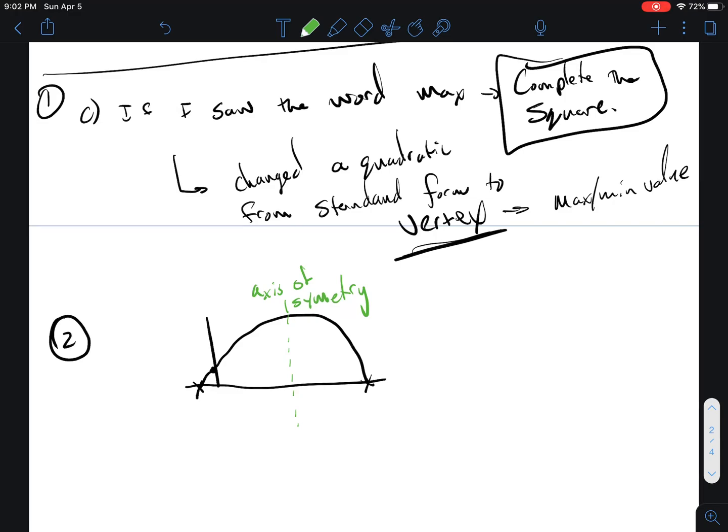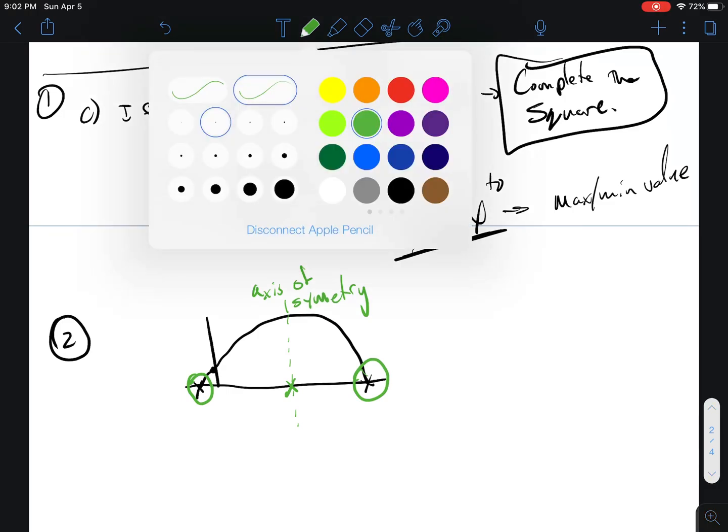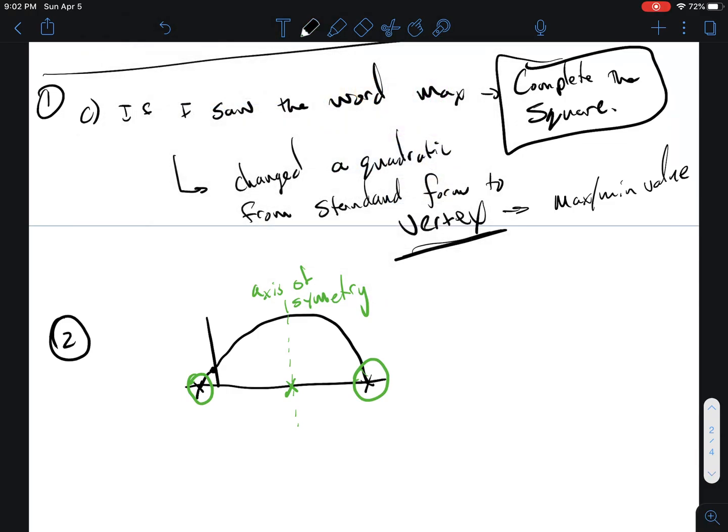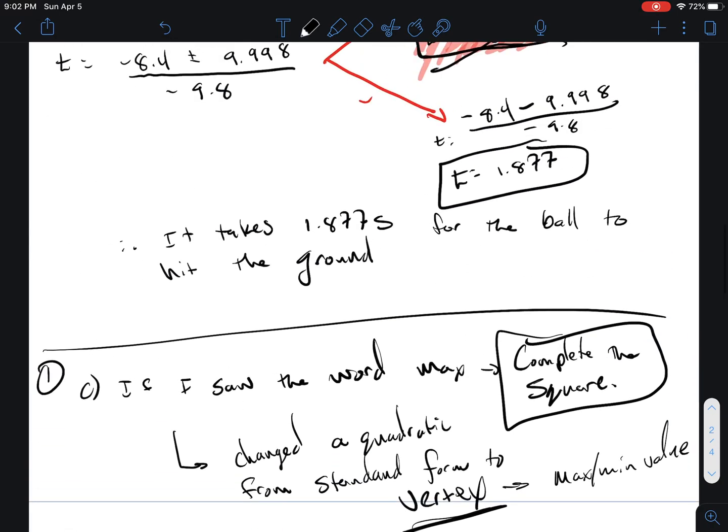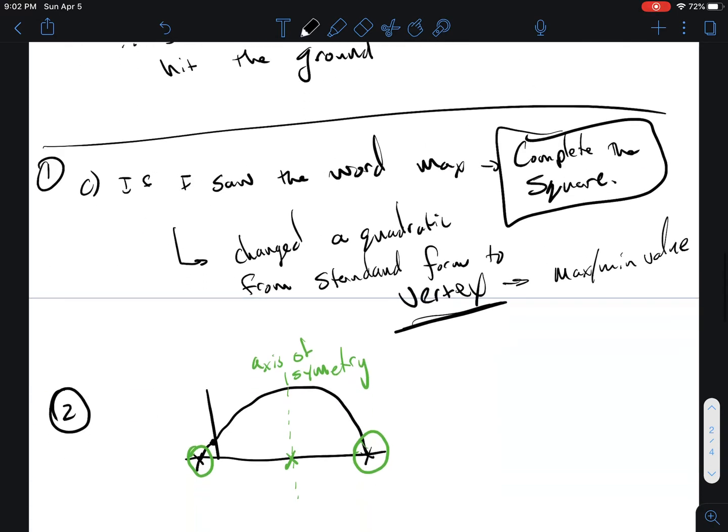If I found what value of t was the axis of symmetry, I could then therefore find the corresponding height value, like in part A, right? So, turns out, from this question, from part B, I found out what these two values were, right?